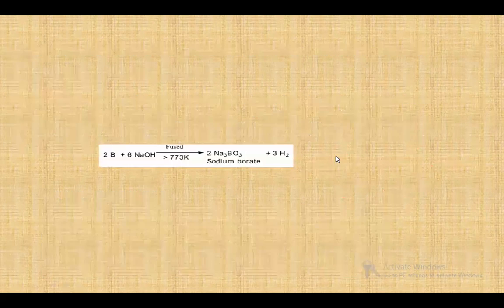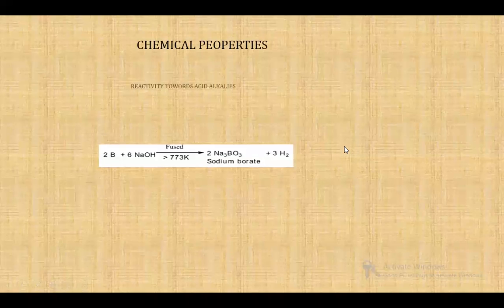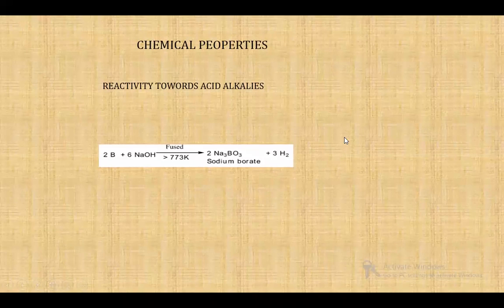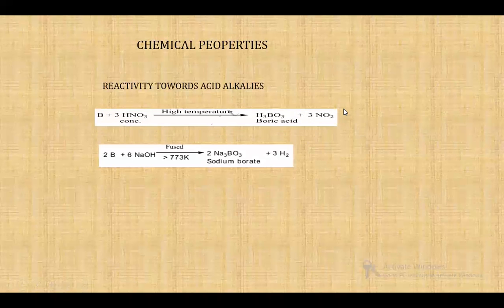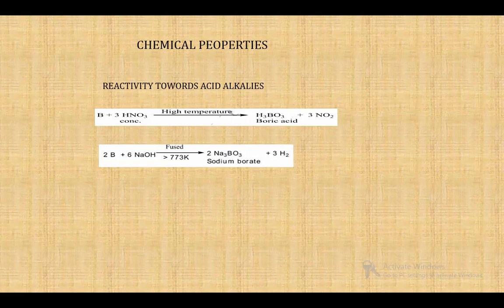Next, the reaction towards alkalis, acids and bases. Usually, boron does not react so easily with acids and bases because of its inertness and more covalent nature. So the reactivity towards acids and bases is low, and they require high temperature.